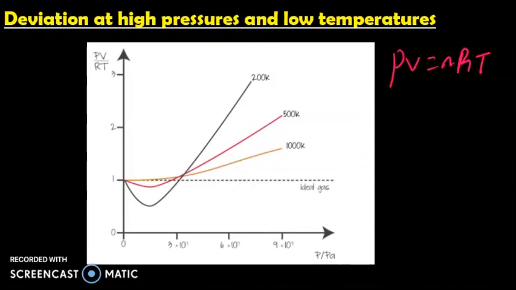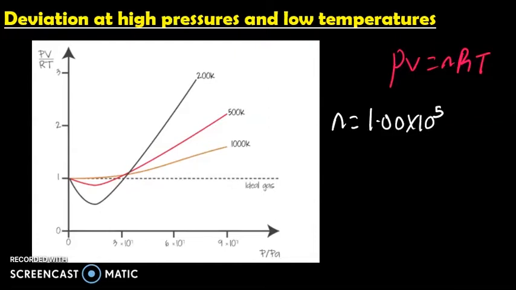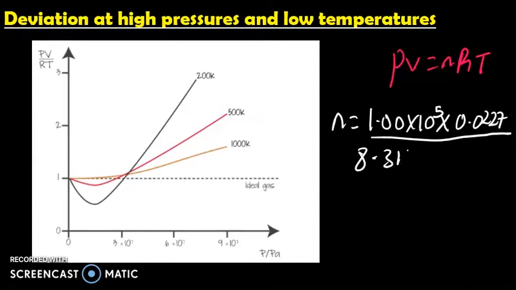To demonstrate this, let me do a calculation where n is equal to 1.00 times 10 to the power 5, that's the STP for pressure, times 0.0227 meter cube, that's the volume at STP, and R is the universal gas constant at 8.314, times 273 Kelvin, that's the temperature.